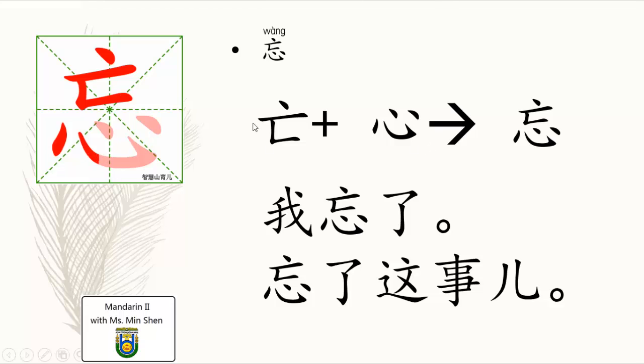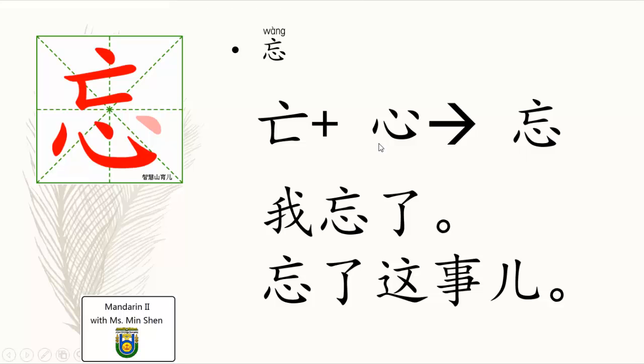Then it's another character, up and down, put them together, die and heart, 忘. So that means some part of your thought or emotion, mentality, dies, is no longer there, not functional anymore.